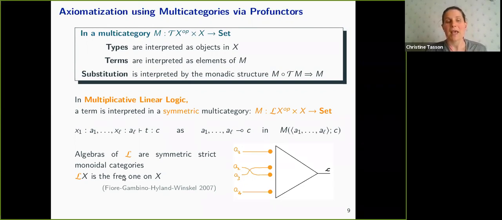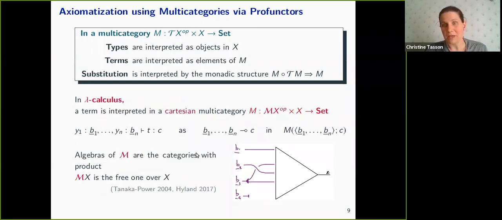And the algebras of L are just symmetric strict monoidal categories. That means that when I apply L to X, I will produce the sequence of objects in X. And on this sequence, I will have built in the action of the symmetric group. Okay, so now a term will be interpreted as an operation living in this M applied to the sequence of objects and C.